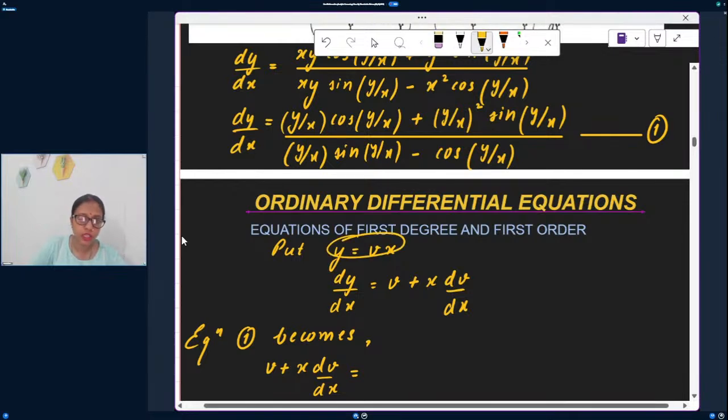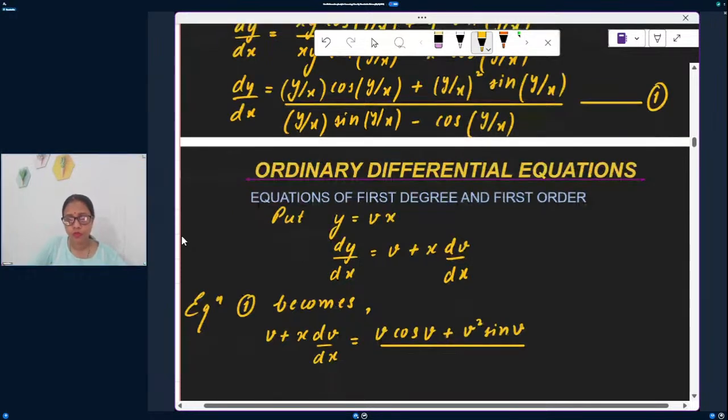y by x is v, so this will change into v cos v plus v square sine v divided by v sine v minus cos v.